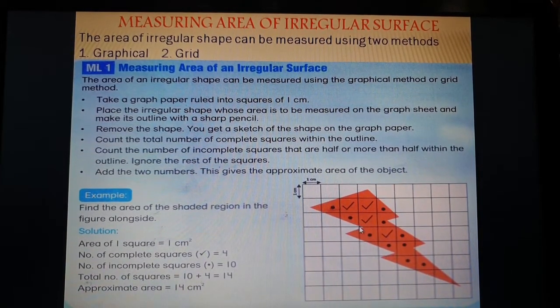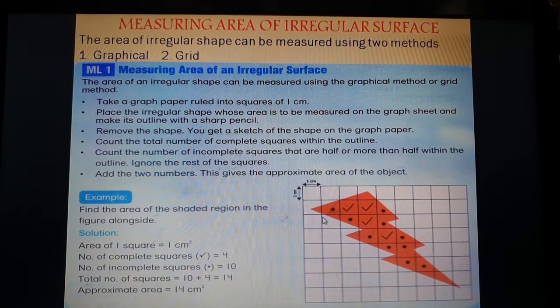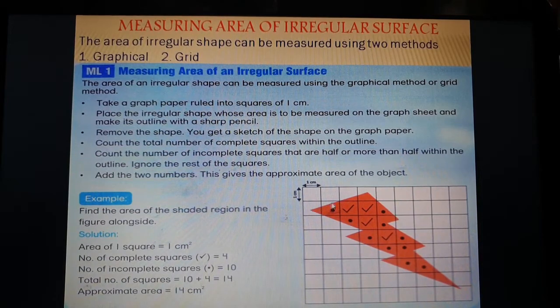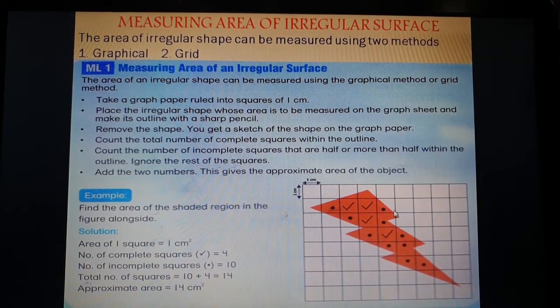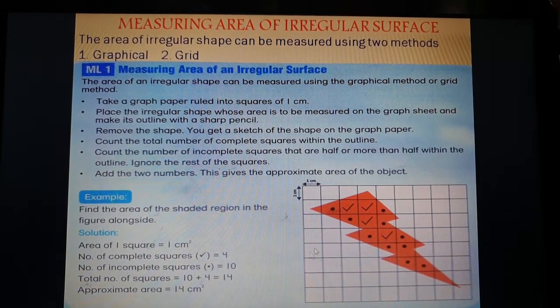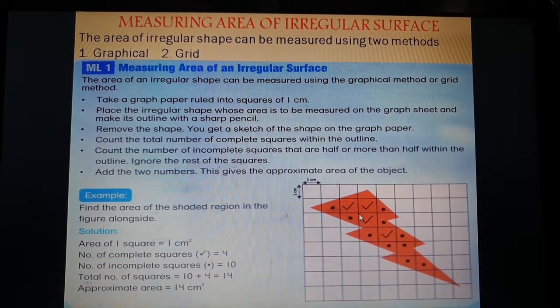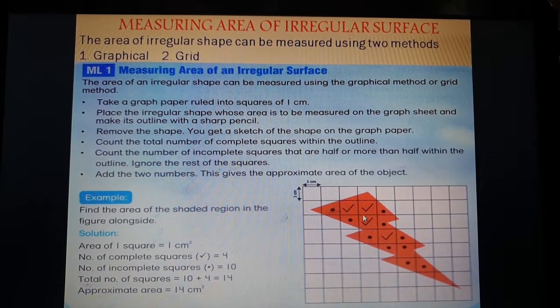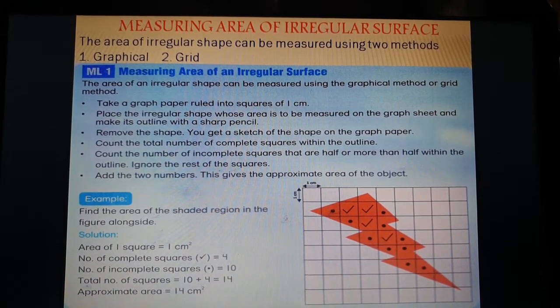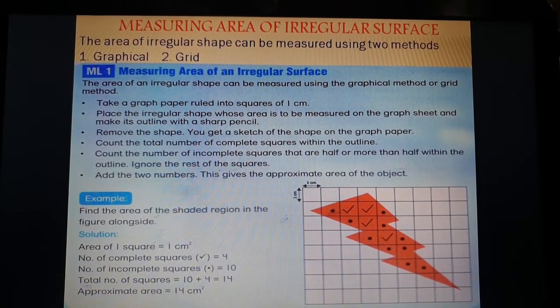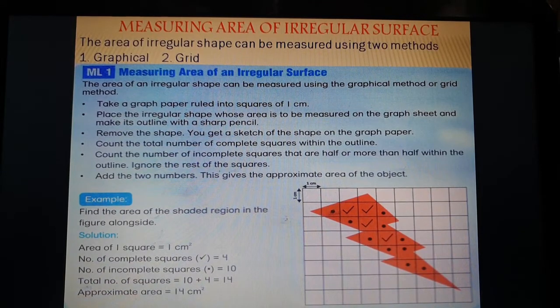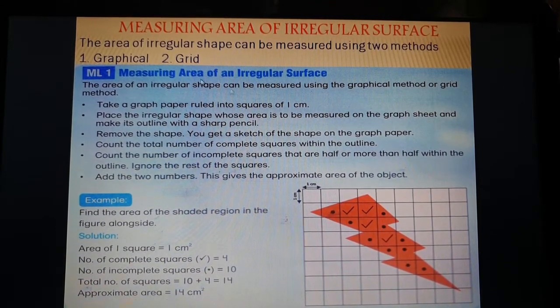Whatever instrument or thing you want to measure which is in an irregular shape, place that irregular shape on this sheet. As you can see here in the saffron color, let us assume that this is an irregular shape. Just keep this on a graph sheet and plot an outline of the same shape on the graph.